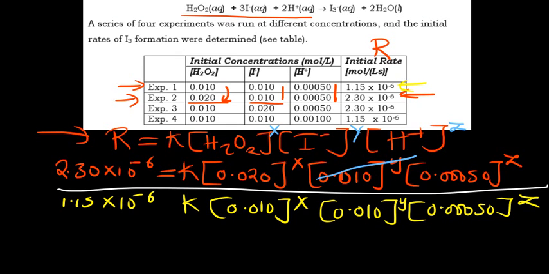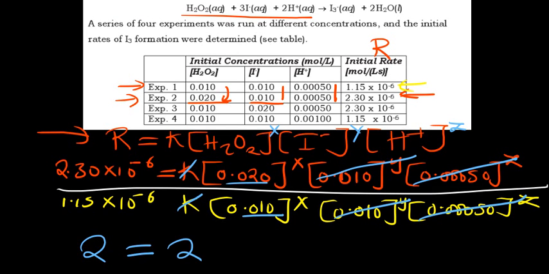So that will give us a 1. That will also divide and give us a 1. Now if you divide the k as well, it's also going to cancel out. So what you're going to remain with will be 2.3 by 1.15, which will give you a 2 if you grab your calculator. Now this by that will also give you a 2, maintaining the power of x. So you notice that your x is equal to 1.